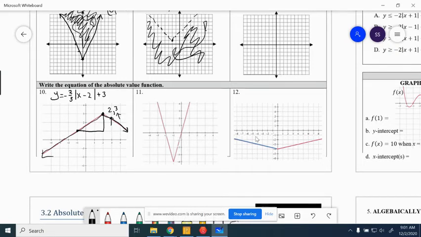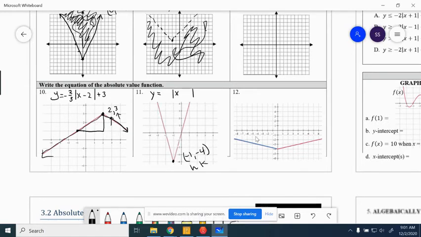Okay. Number 11, we can start a similar way, right? Y is equal to, give some space for the slope, space for the H value inside, and then we look at the vertex. Vertex is right here at -1, -4.